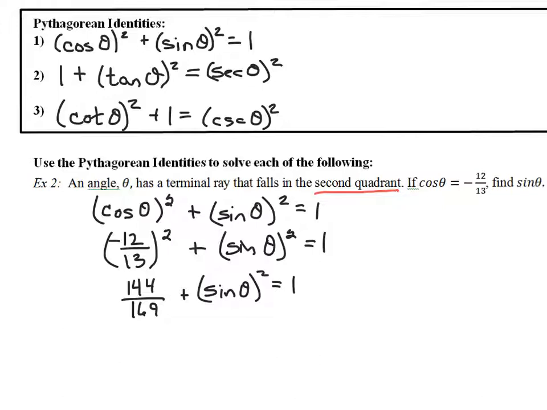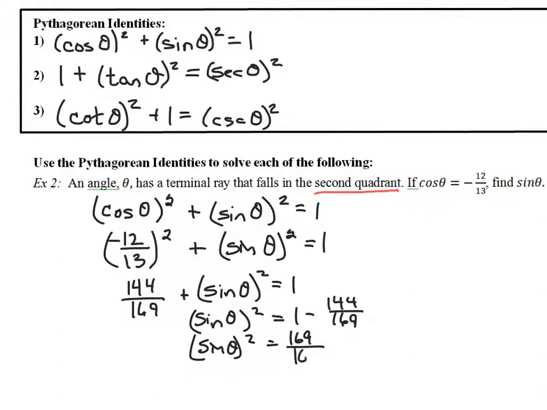We're going to subtract 144 over 169 from both sides. So I've got 1 minus 144 over 169. Now you can either use your calculator or you can find a common denominator and say that the sine of theta squared is equal to 169 over 169 minus 144 over 169, which of course gives us 25 over 169.